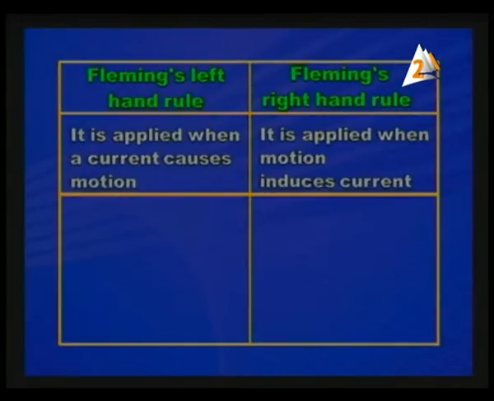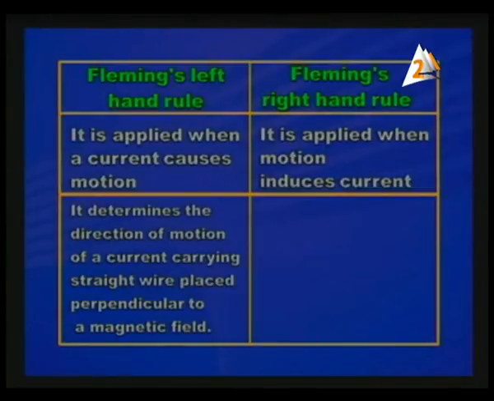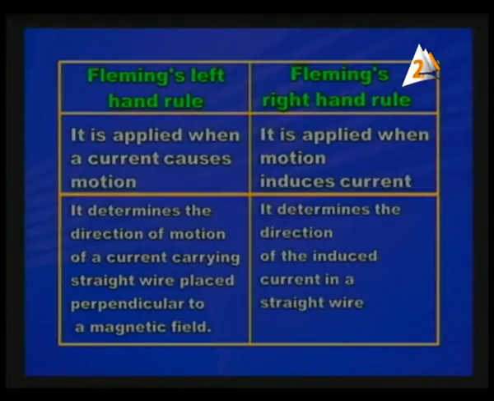Fleming's right hand is applied when motion induces current. Fleming's left determines the direction of motion of a current-carrying straight wire placed perpendicular to a magnetic field. And Fleming's right hand determines the direction of the induced current in a straight wire.